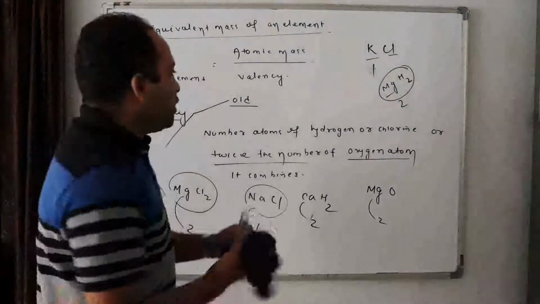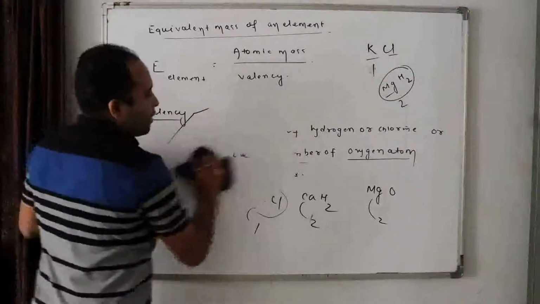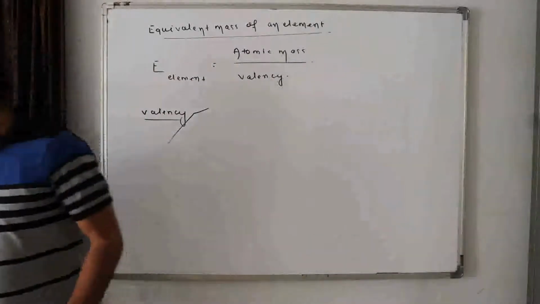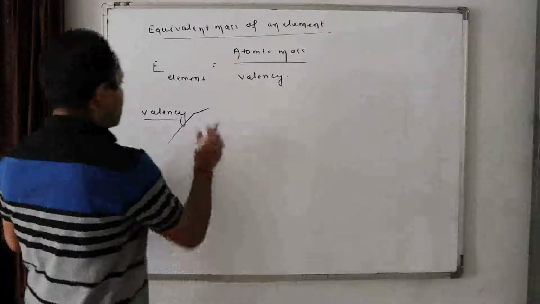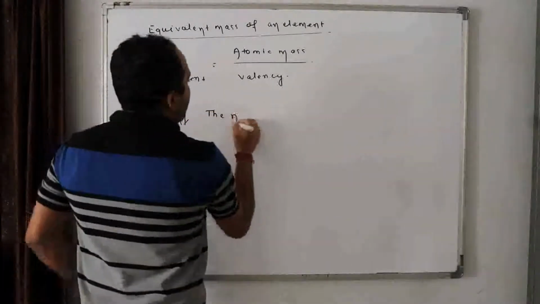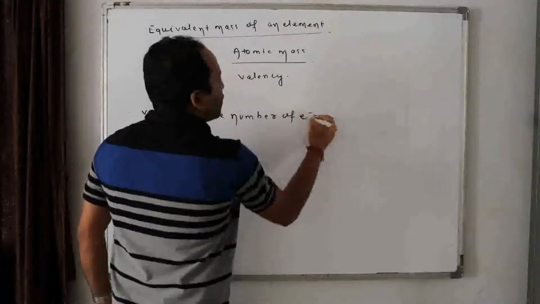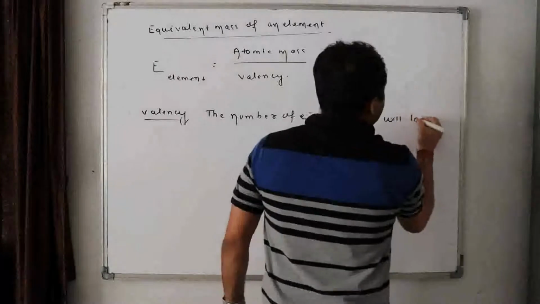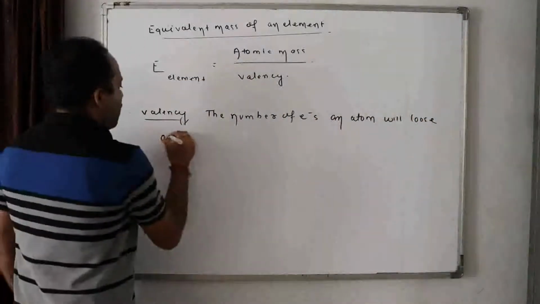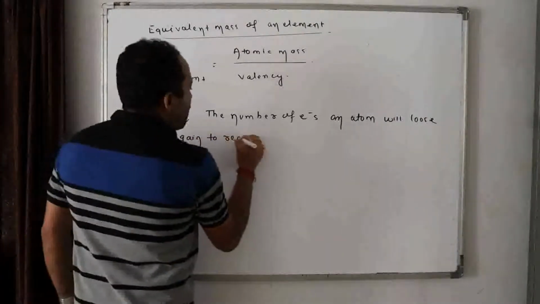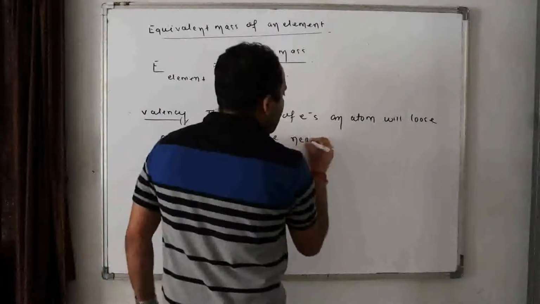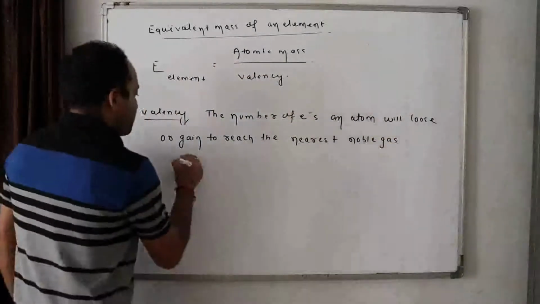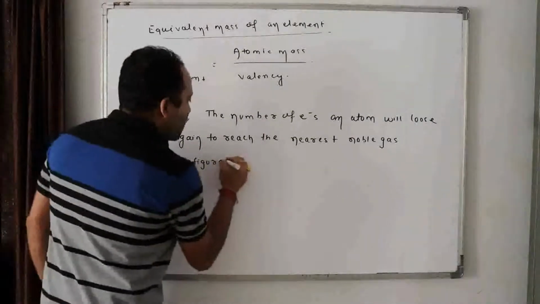So what is the new concept of valency? According to the new concept, valency is defined as the number of electrons an atom will gain or lose to reach the nearest noble gas configuration.